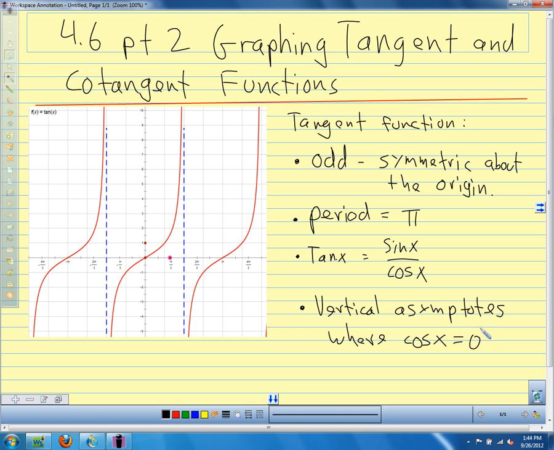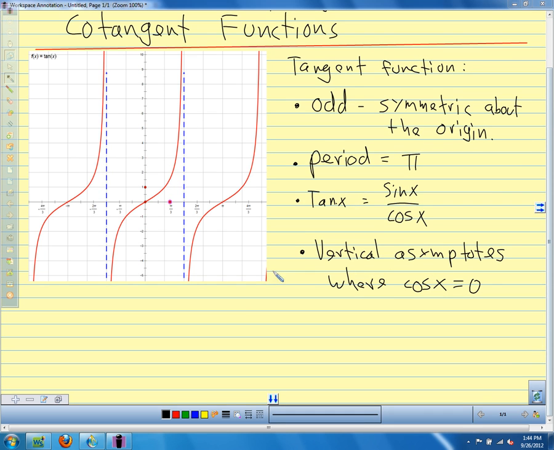And the cosine of a number equals 0 at x equals pi over 2, or we can add any multiple of pi to that number. So the way we write that is pi over 2 plus n pi.